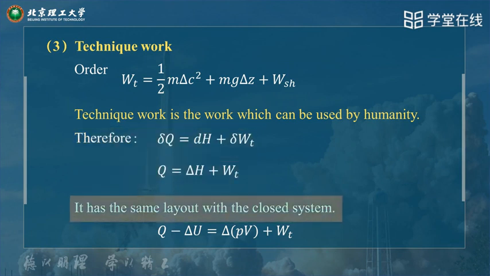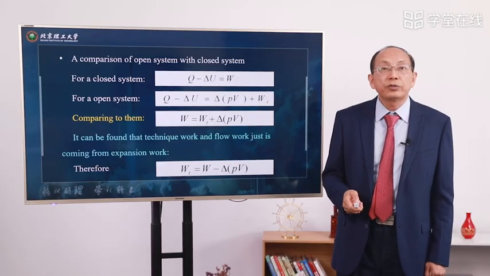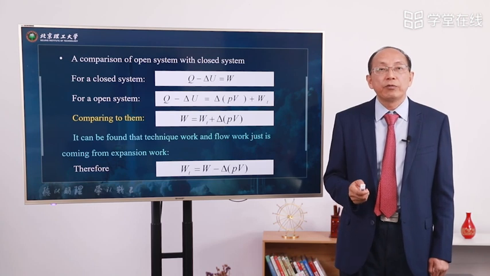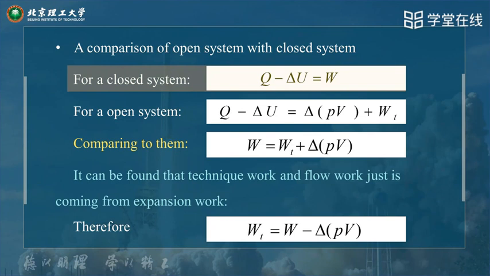It has the same layout as the closed system. We can do some comparison. Delta Q minus delta U equals delta PV and the technical work. This is a comparison of an open system with a closed system. We know for a closed system, the first law is Q minus delta U equals W, where W is expansion work.